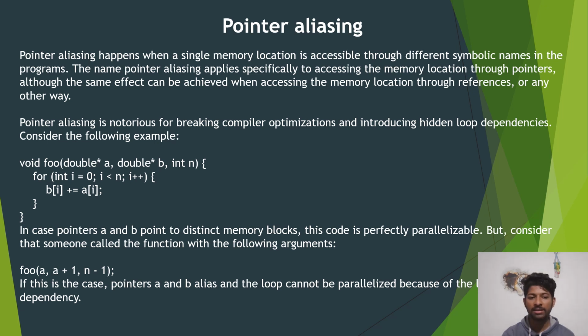But consider that someone calls the function with the following arguments: foo(a, a + 1, n - 1). If this is the case, pointers a and b alias and the loop cannot be parallelized because of the control dependency.